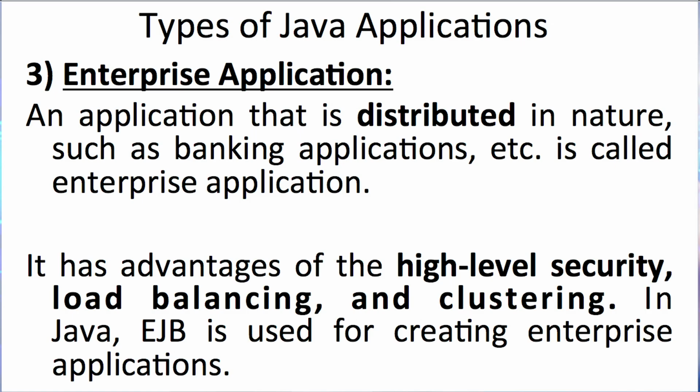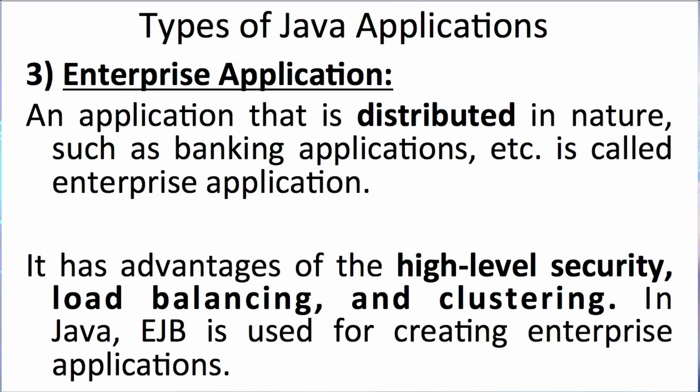Other languages can also do this, but Java is one of the powerful languages where we can do load balancing very easily. In enterprise Java, EJB is used for creating enterprise applications. EJB is a very important technology of advanced Java for developing enterprise applications.